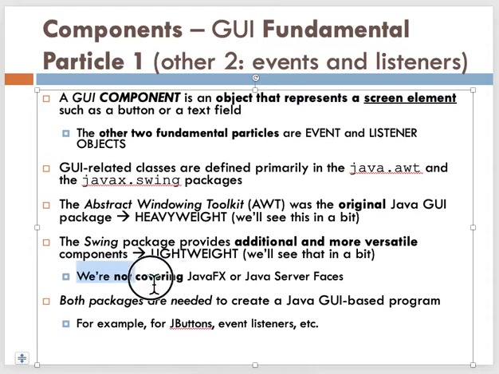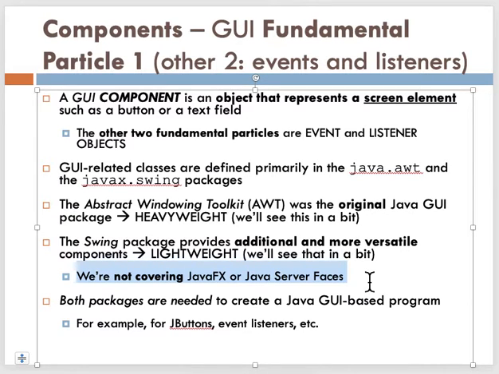We're not explicitly going to cover JavaFX or Java Server Faces, but of course, there are resources posted where you should look into that. That's a great way to do it as well, where we build up a scene and use that. But this framework of using components, events, and listeners underlies that as well and is used in other languages too.